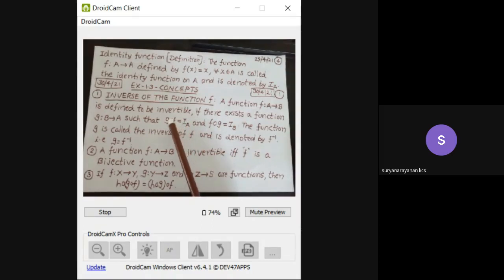If a function has an inverse, then the function is said to be an invertible function.